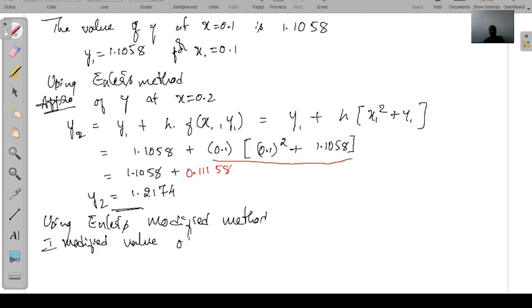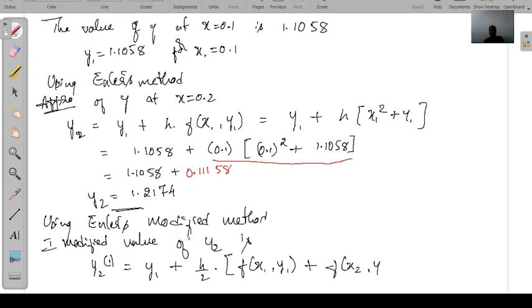The first modified value of y2 is given by y2 of 1, and that is equal to y1 plus h by 2 times f of x1, y1 plus f of x2, y2. Remember the thing that I have changed in this expression. Here it is y2. That's why y0 is replaced by y1 and x0 by x1, x1 by x2 and y1 by y2.